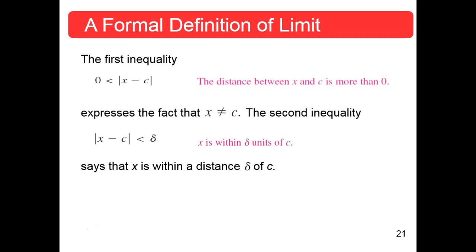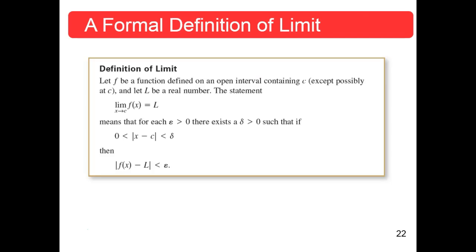About 10 ways to say it. So, here is the formal definition of the limit. We never used to say this first part. Let f be a function defined on an open interval containing c. What do we mean by open interval?